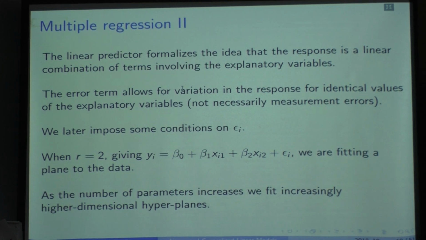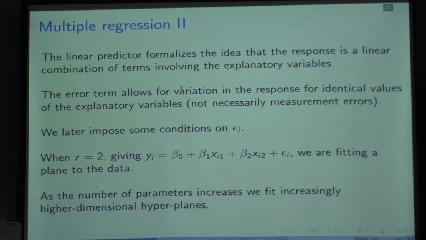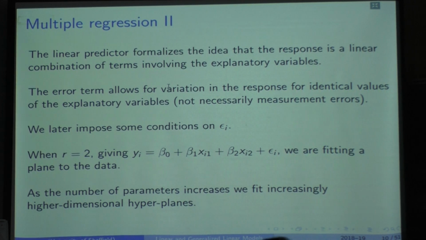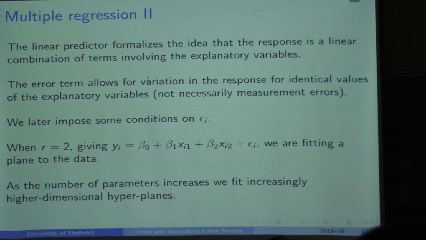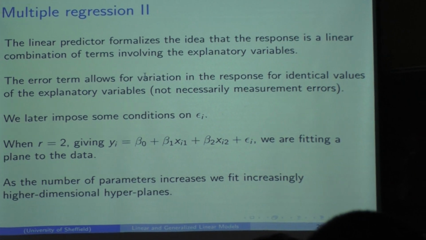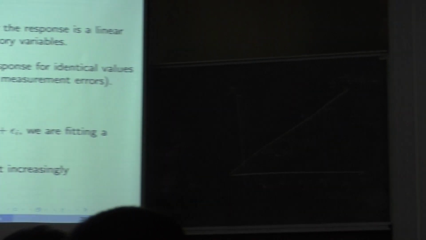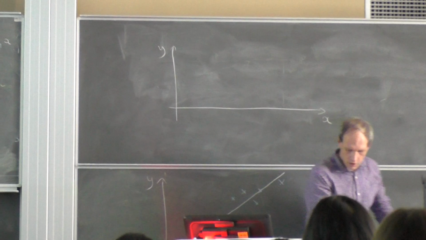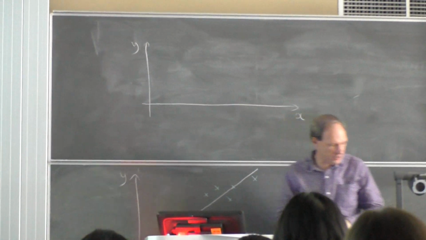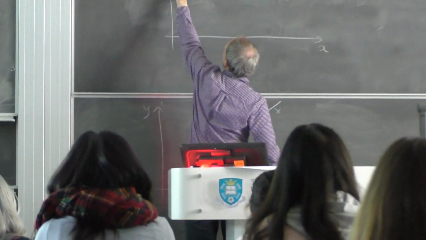Okay, there's one more twist to what I've just been saying. To indicate that, I'm going to draw another picture of some potential data. So imagine that you have some data which look something like this. Here are some data points.